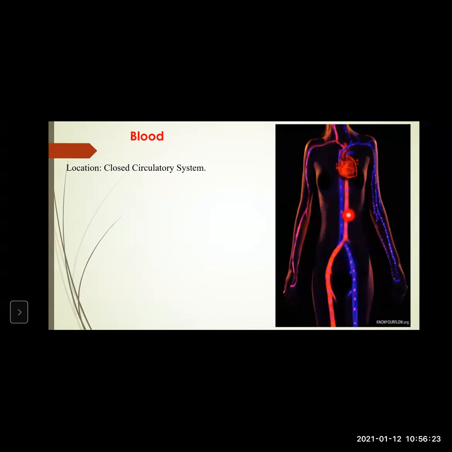Okay, so blood always flows in these pipe-like structures, which are known as blood vessels. The vessel that carries oxygenated blood is known as an artery, whereas the vessel that carries deoxygenated blood is known as a vein. So the location of blood is the closed circulatory system, as you can see in this GIF.